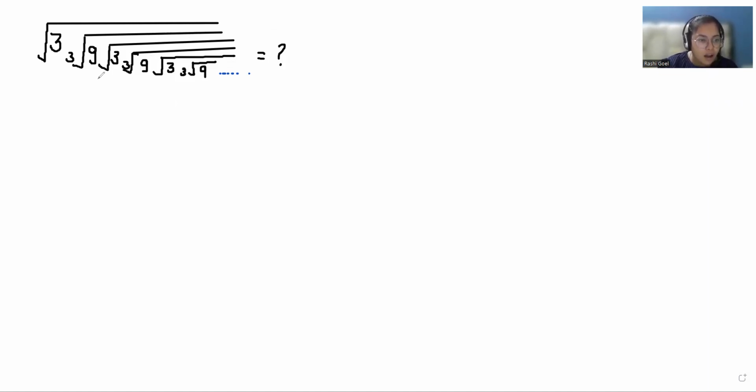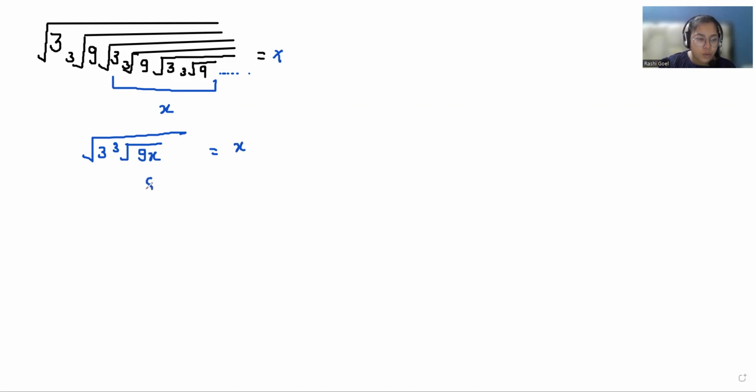So I am considering it as x, and this is also equal to x. So we can write this equation as square root of 3 and cube root of 9, and this part will be taken as x, is equal to x.